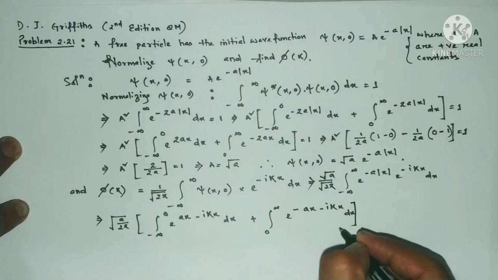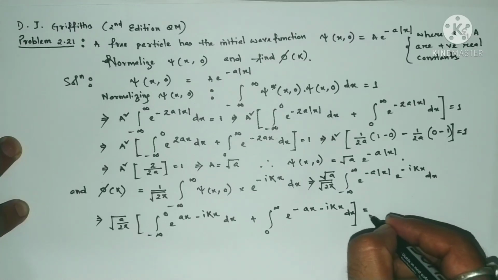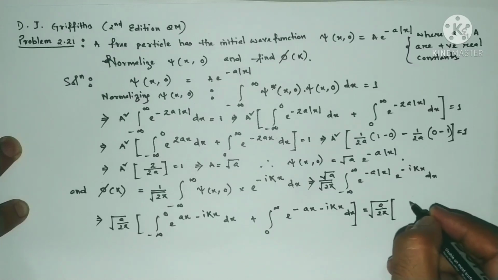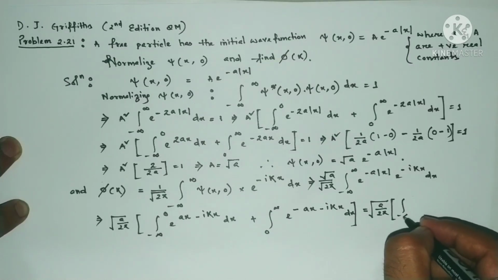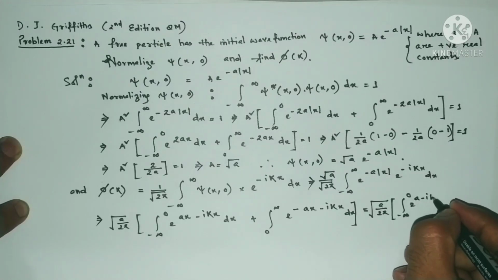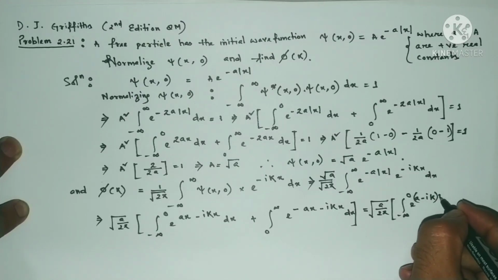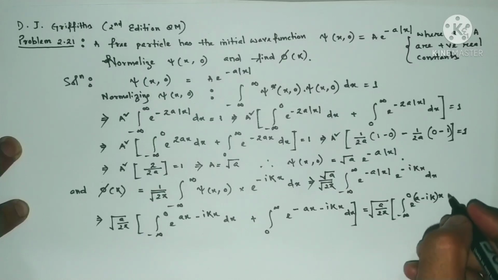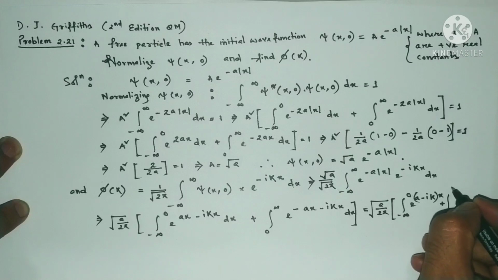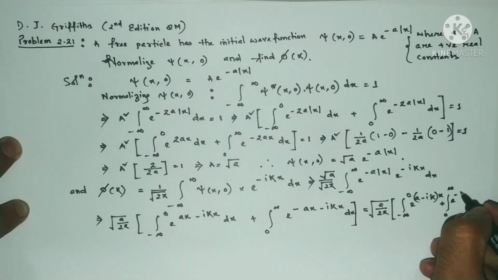So this is under root a by under root 2 pi, integral minus infinity to 0 e raised to a minus i k, x, common. Similarly, you will have 0 to infinity e raised to minus a plus i k x dx.